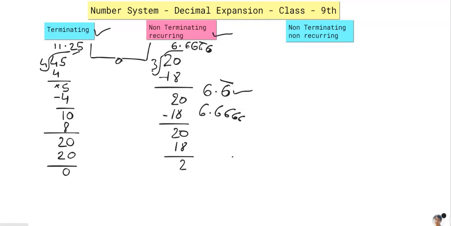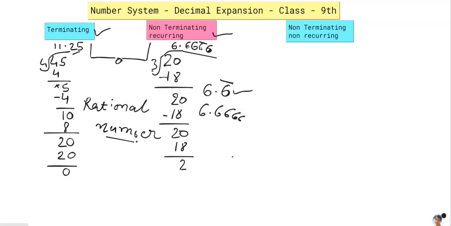A finite number after the decimal point, and an infinite number with repeating digits after the decimal point. Then these terminating and non-terminating recurring expansions are both rational numbers. You can say these are rational numbers.